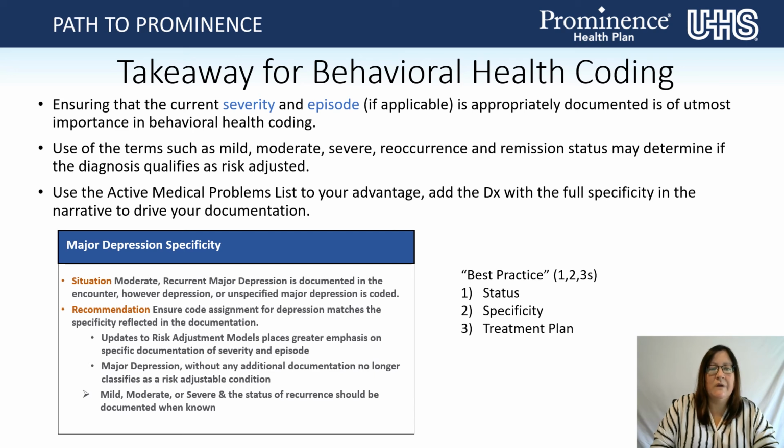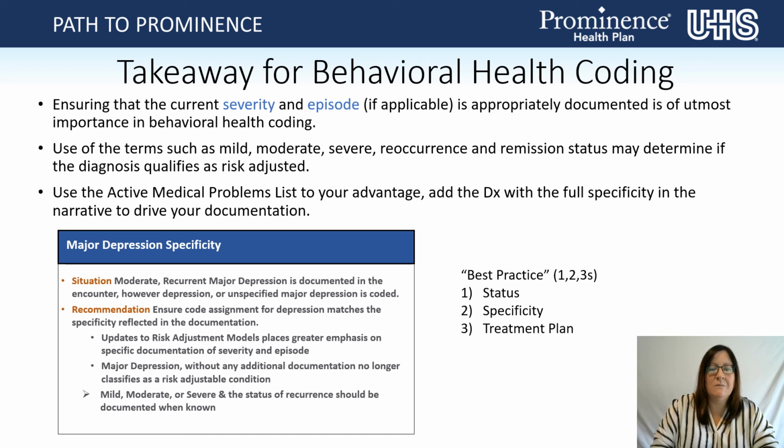So here's a situation for major depression specificity. Moderate, recurrent, major depression is documented in the encounter. However, depression or unspecified major depression is added to the claim and submitted. The recommendation is to ensure that code assignment for depression matches the specificity reflected in the documentation.